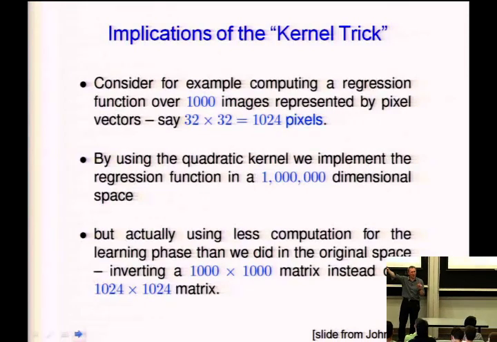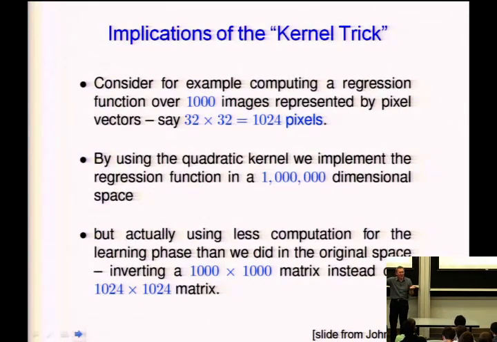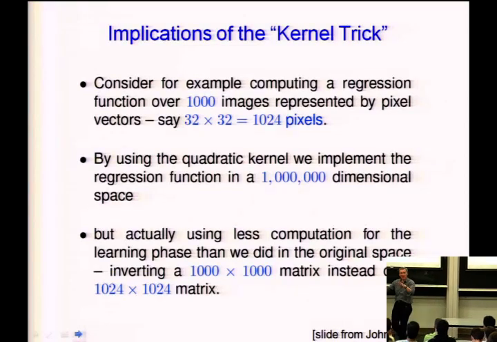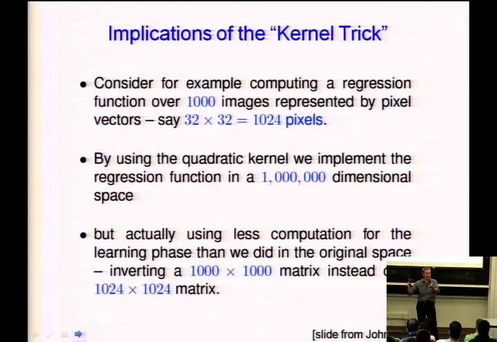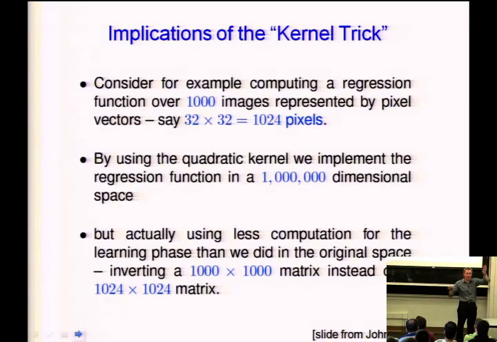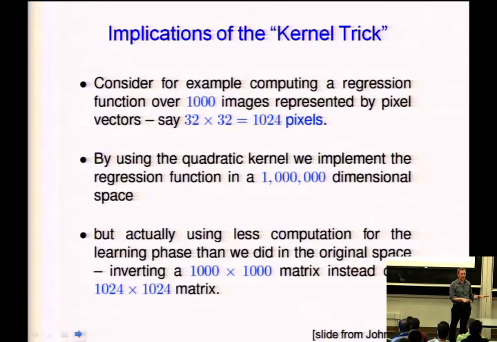There's going to be a feature in my exploded space, in the quadratic space. And so instead of having 1,000 pixels in my base space, I now have 1,000 squared features in my quadratic space, which is 1,000,000. So now I'm operating in a 1,000,000 dimensional space instead of a 1,000 dimensional space.